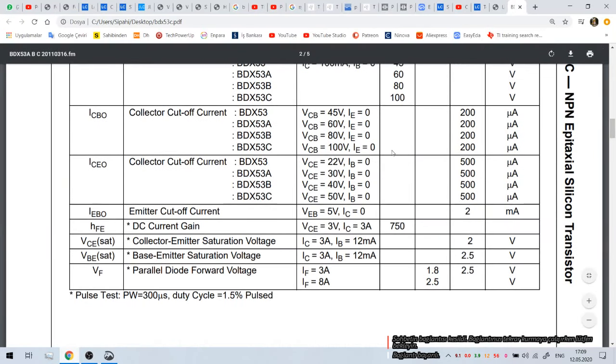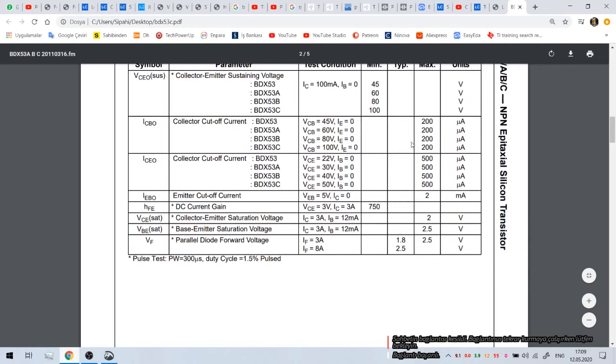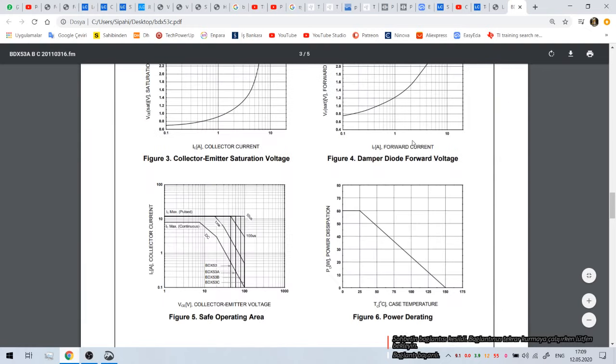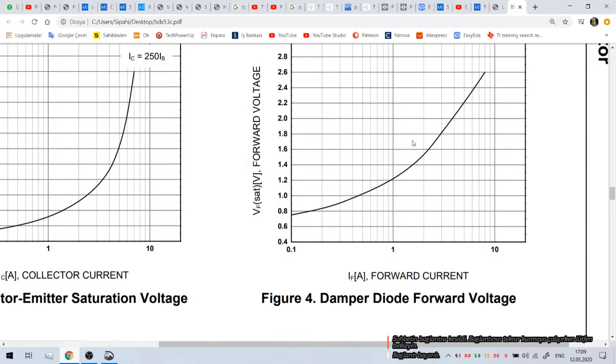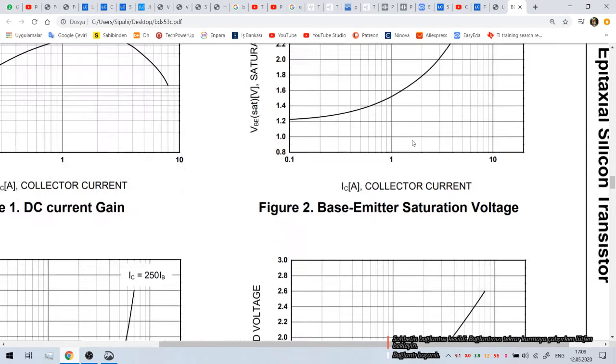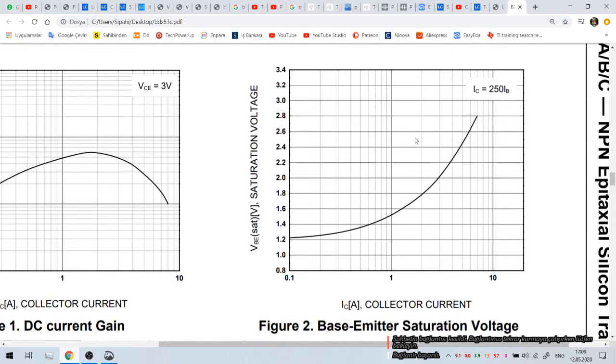where is the base emitter voltage? Where was that? Base emitter saturation voltage.